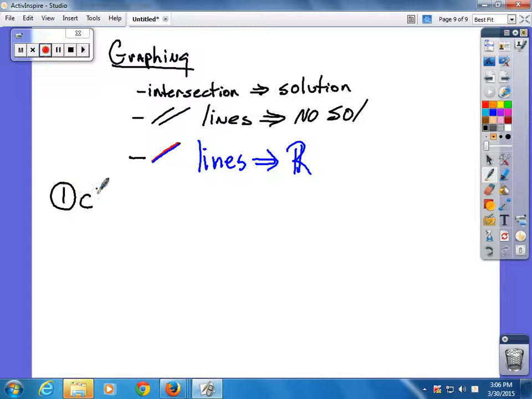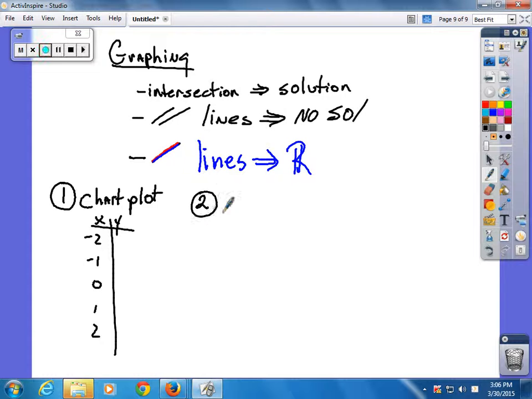There's the chart plot method of graphing, where you pick numbers for X and Y: -2, -1, 0, 1, and 2. 90% of the time I pick those numbers, unless I have a fraction, then I pick multiples of the denominator. And then I get my numbers here. That's one way of graphing.